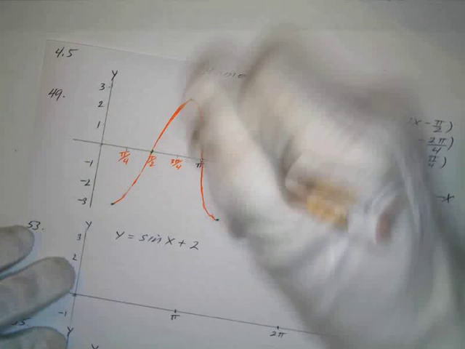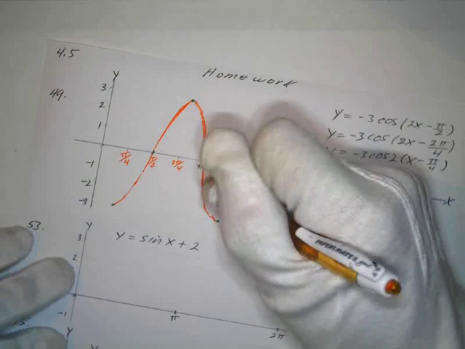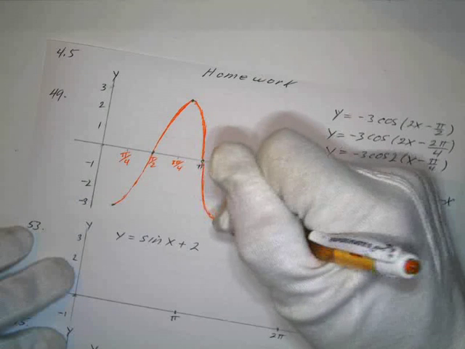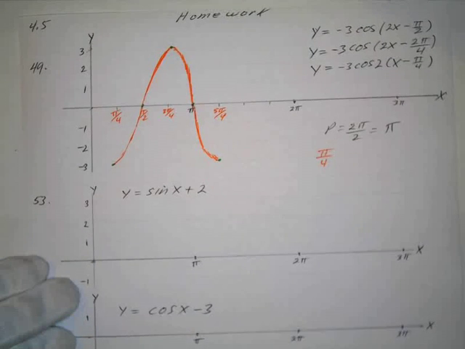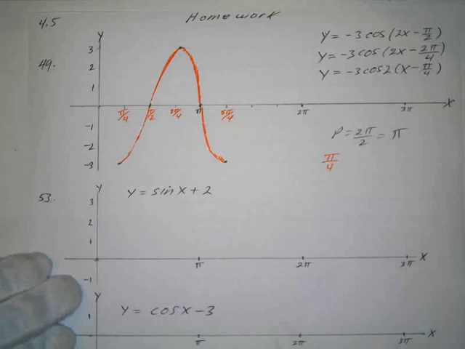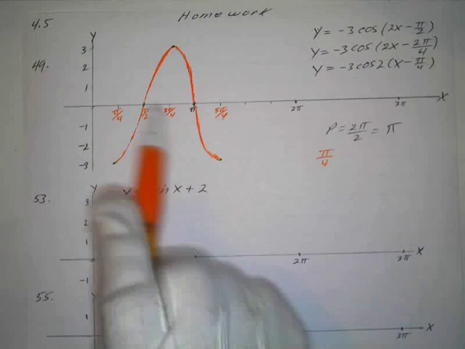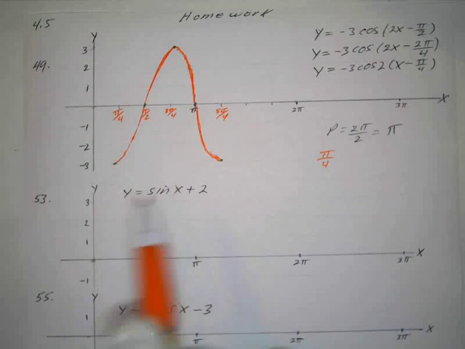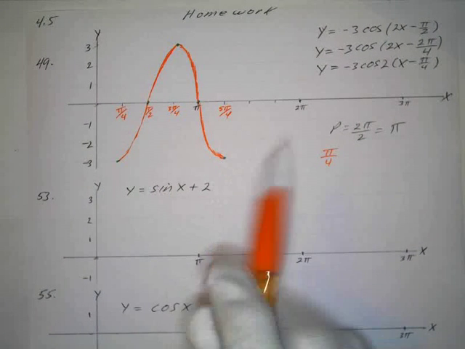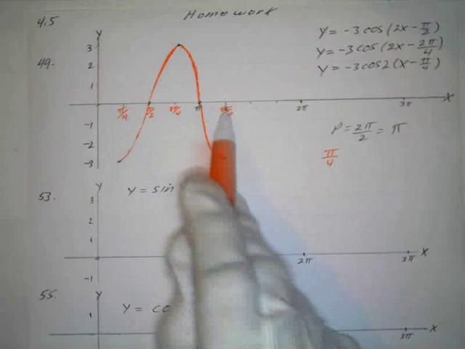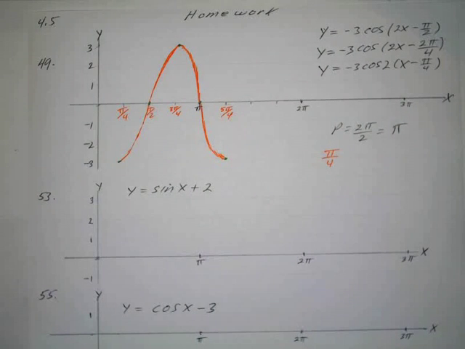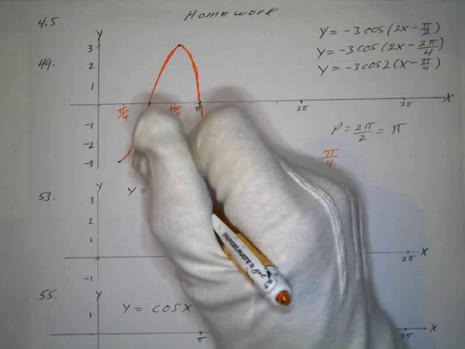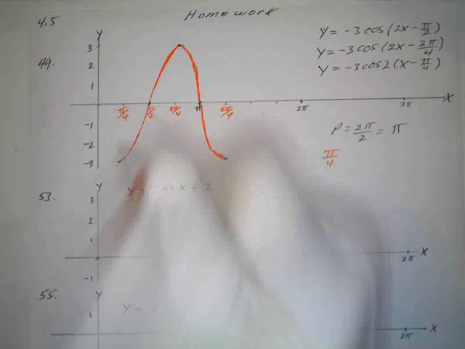There we go. Very close. Okay, so that's something like what you've got there. Then you can see we have a period of pi, amplitude of 3, except it's negative, so it's flipped, and a shift of pi over 4, so it's shifted over pi over 4.